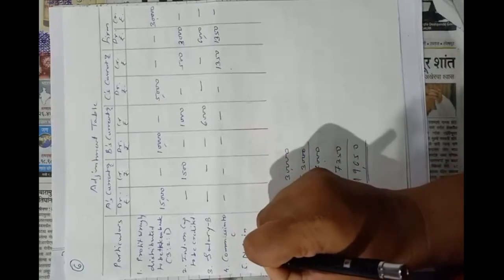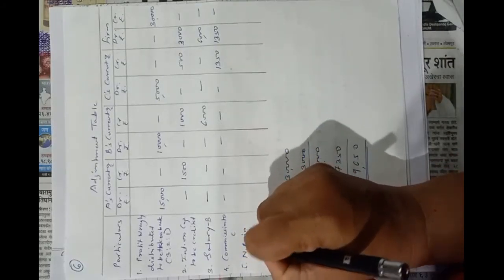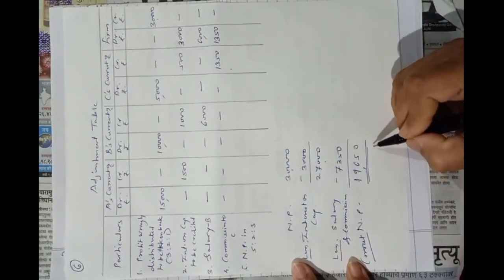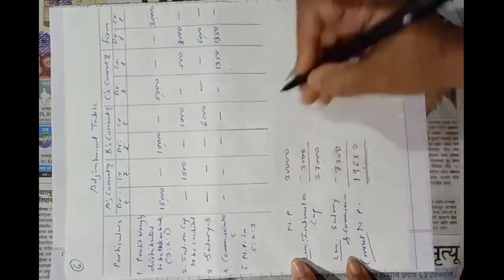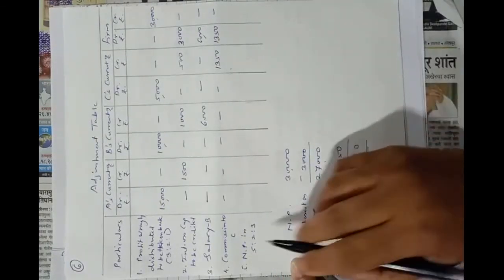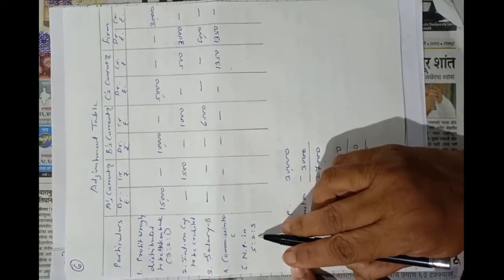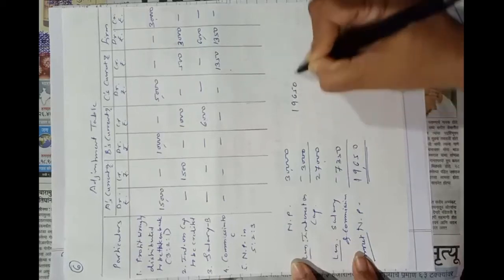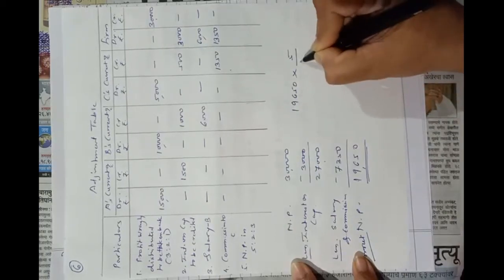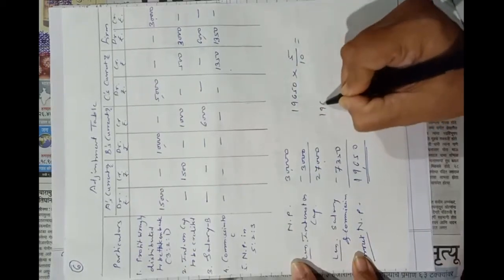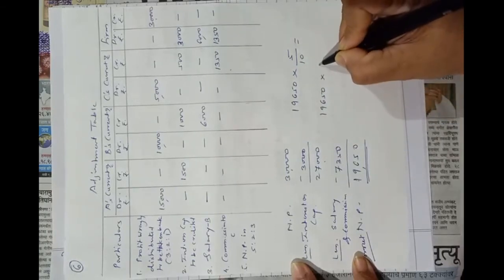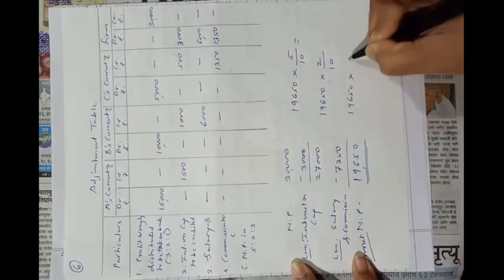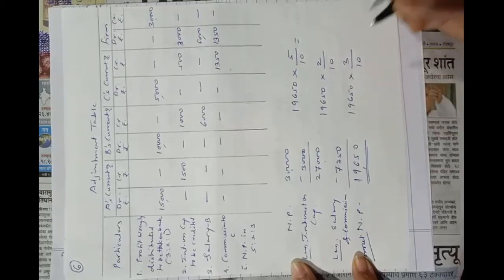Okay, so now correct net profit will be distributed in the correct ratio, that is 5:2:3. We have to distribute 19,650 in this ratio. So 5 plus 2 is 7, plus 3 is 10. So 19,650 into 5 upon 10, 19,650 into 2 upon 10 and 19,650 into 3 upon 10.